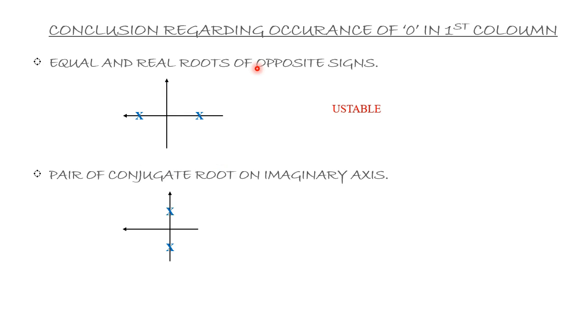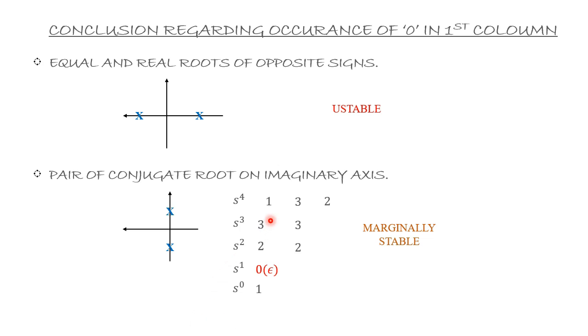So if a sign change occurs, it means we have this condition: equal and real roots of opposite sign. And if a sign change is not happening, it means we have this condition. Only two conditions are possible here. And we know that in this condition, the system is marginally stable.